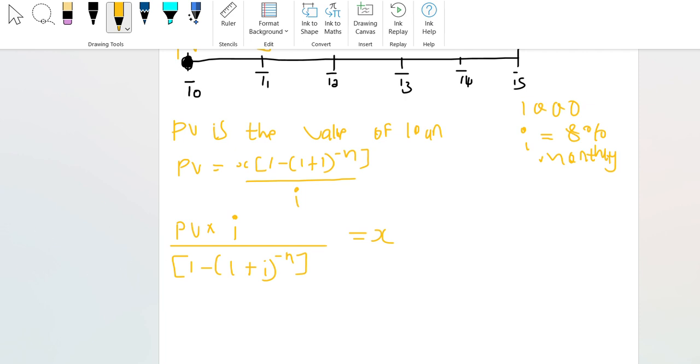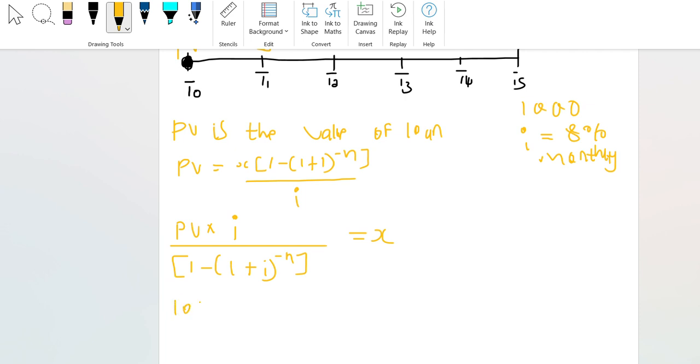My value of the loan is how much? In this case, I took a loan of 1,000, so that will be the present value, and then the interest rate will be 8%, divided by the number of months. Let's do this.